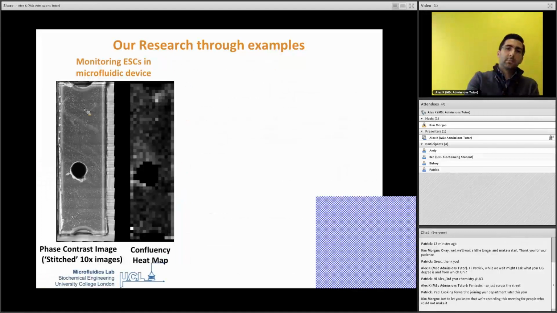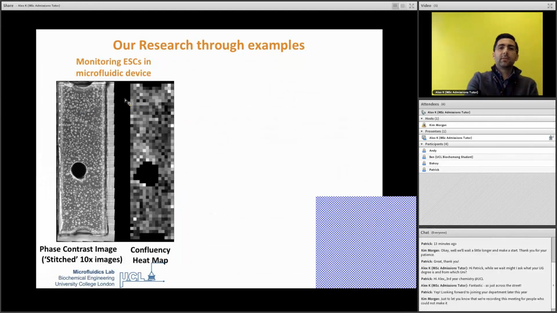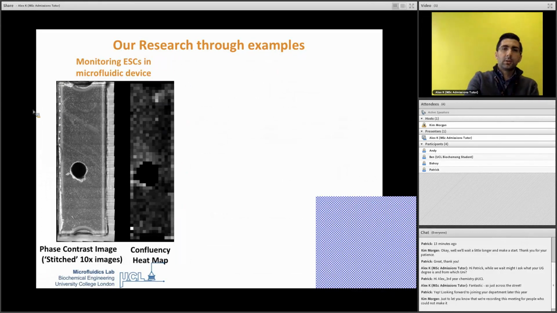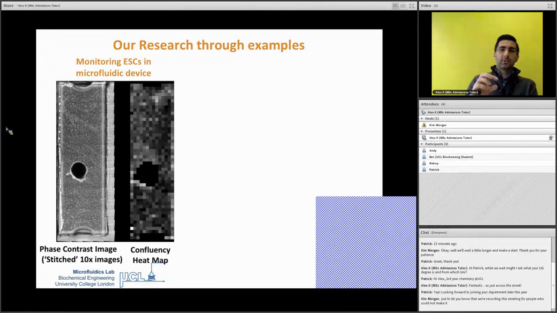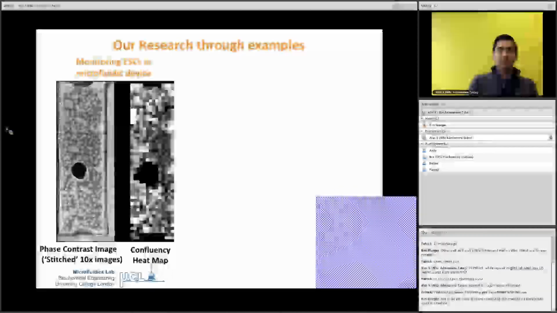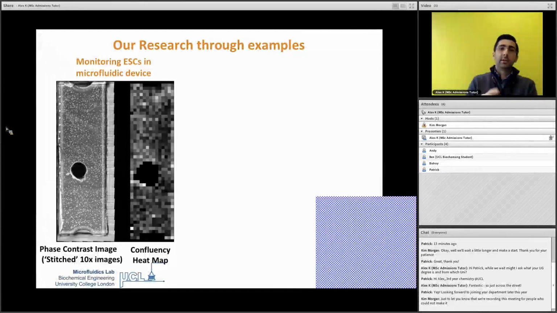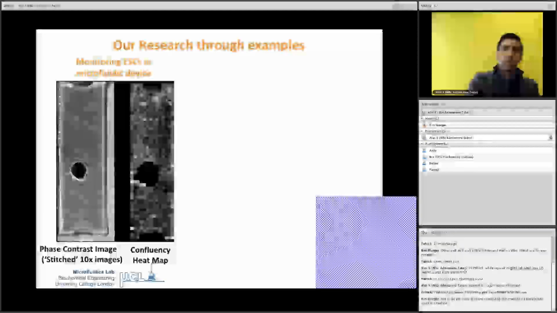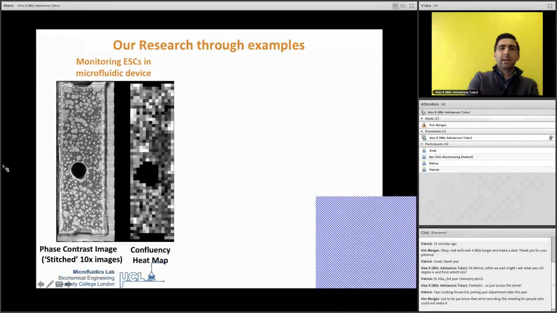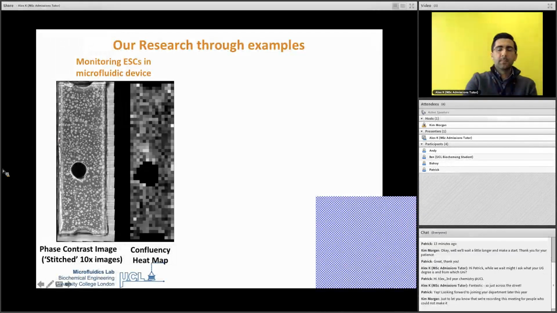The people in the microfluidics lab have developed their own image recognition software, shown here on the right, that uses a high resolution camera to take snapshots of the culture and translate that into cell numbers. Every pixel that's white on the right here is essentially recognized as a cell that's growing.